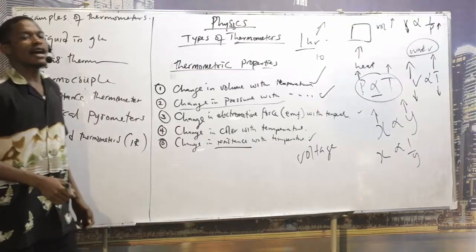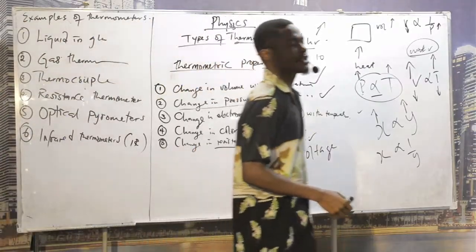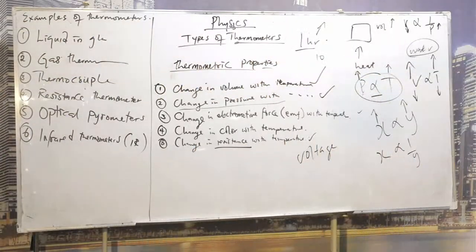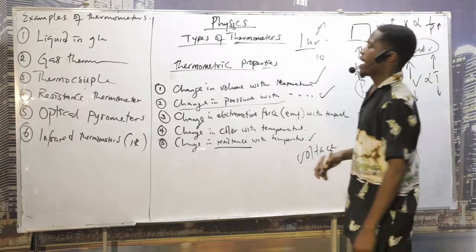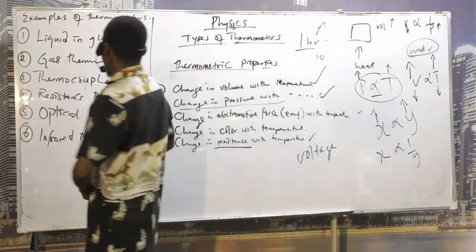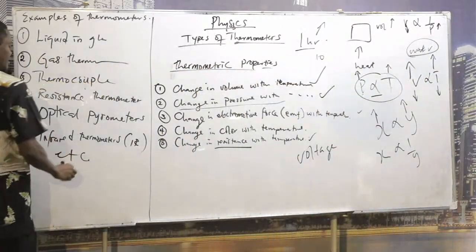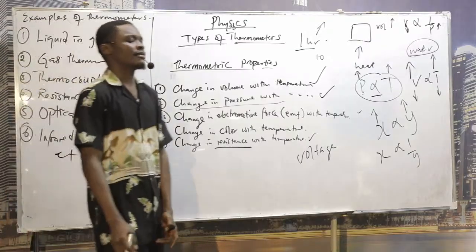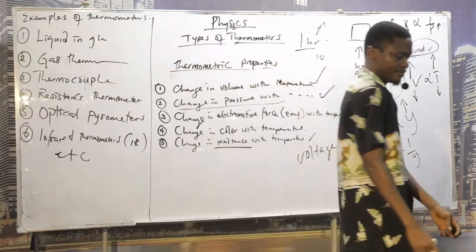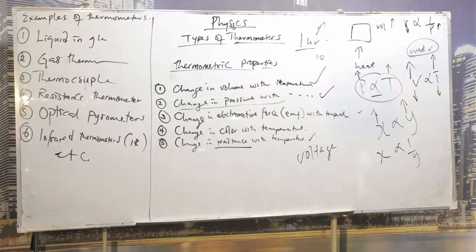If they don't call it infrared thermometers, they can shorten it as IR thermometer. IR thermometers, and so on. Of course, we have etc. We cannot list all of them. There are a lot of them.